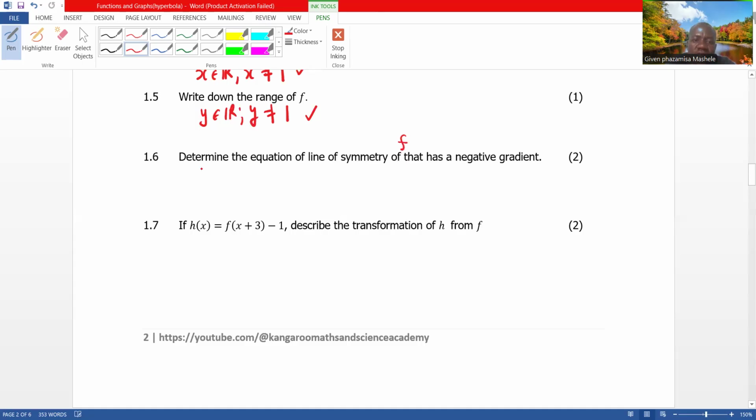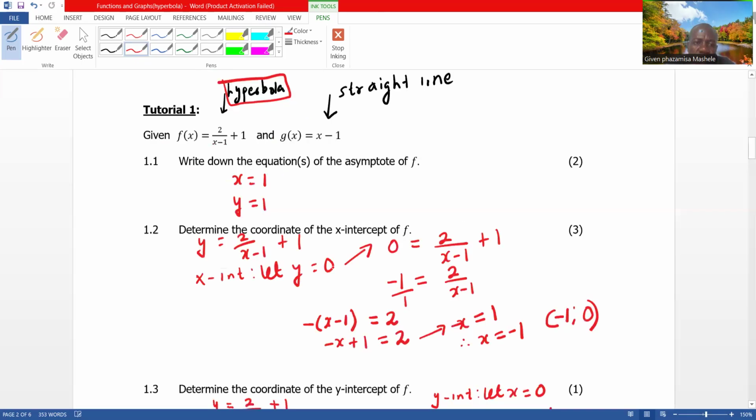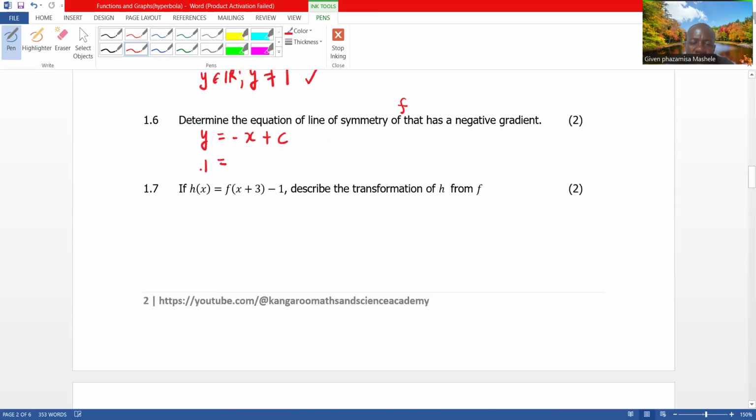So the equation is y equals minus x plus c. And in order to determine the value of c, we need to use the asymptotes. What are our asymptotes? Our asymptotes are x equals 1 and y equals 1. So where there is x, we substitute 1, and where there is y, we substitute 1. So we have 1 equals negative 1 plus c.